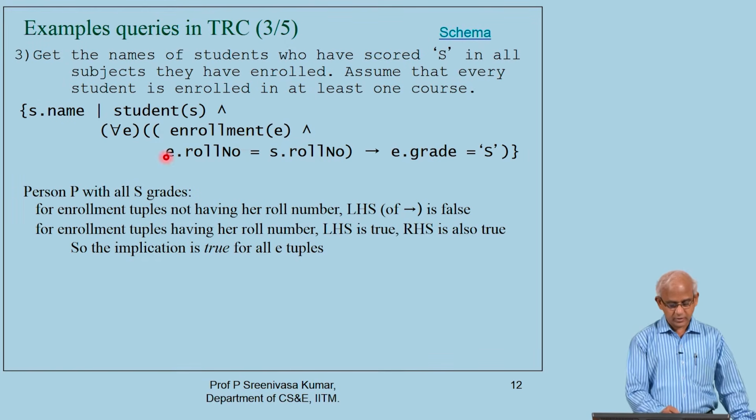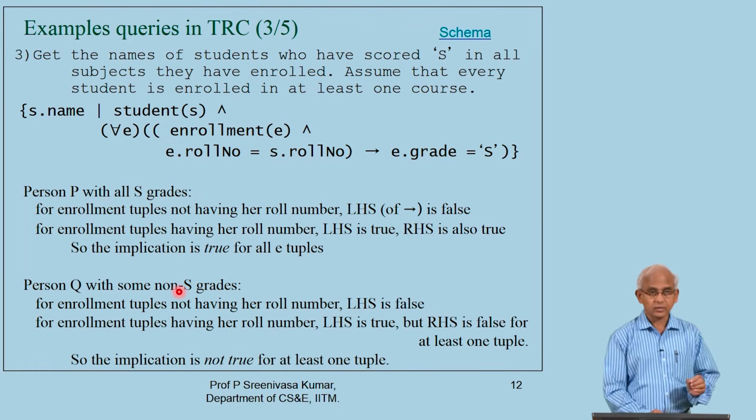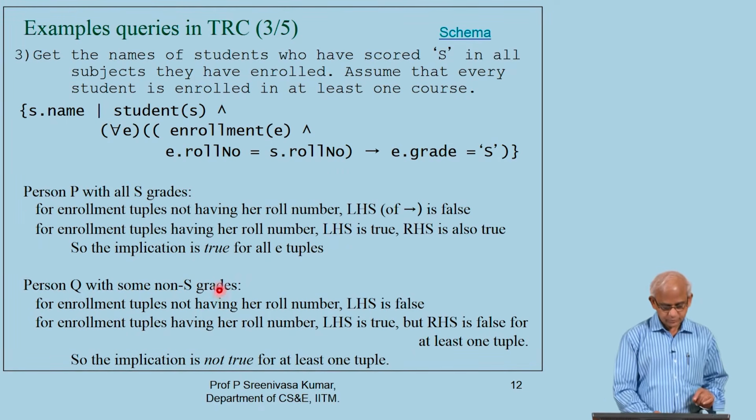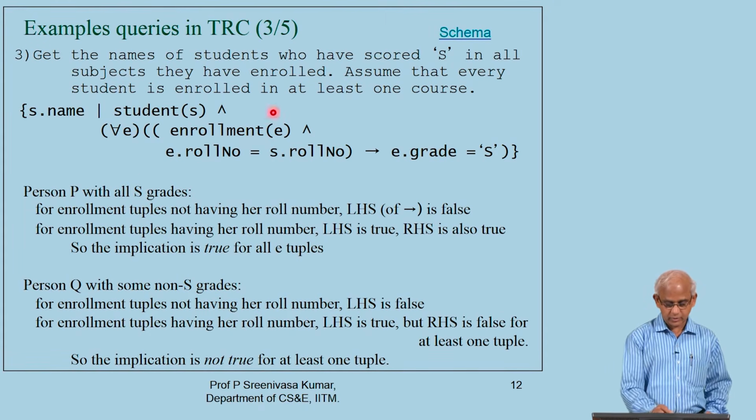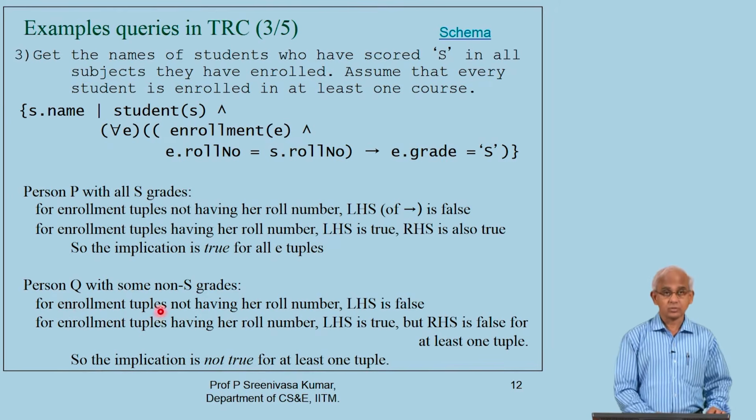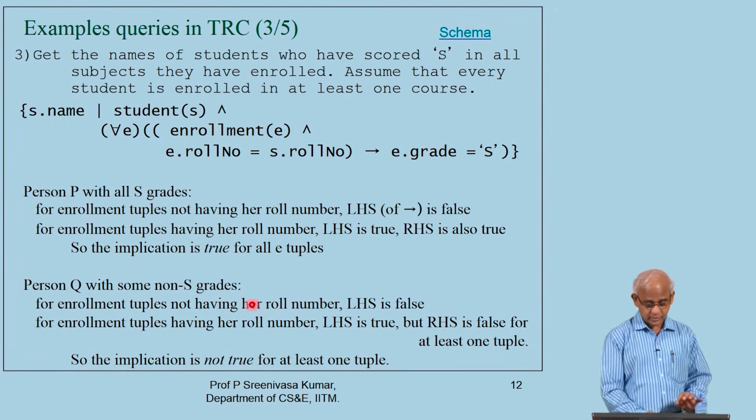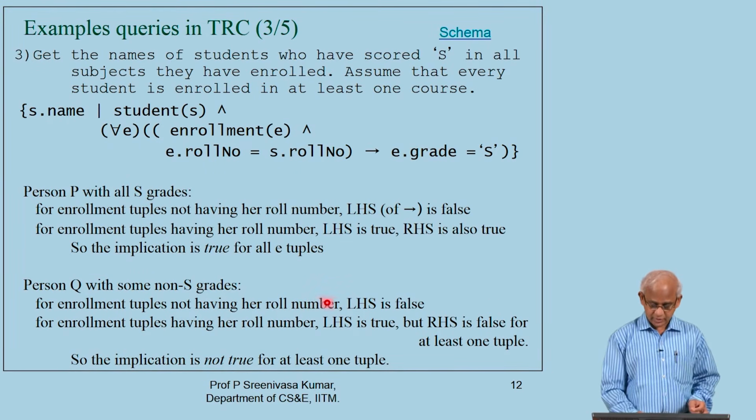Now, let us consider a person Q with at least one non S grade. Again, if you focus on the enrollment tuples, for those enrollment tuples not having this person's roll number, the LHS is false, and so the implication will actually be true.